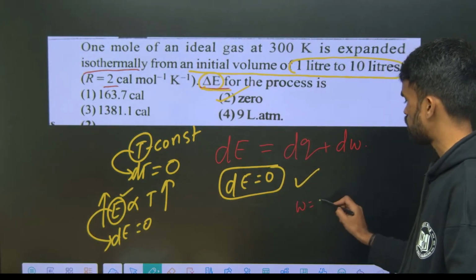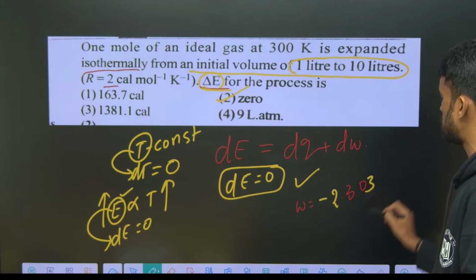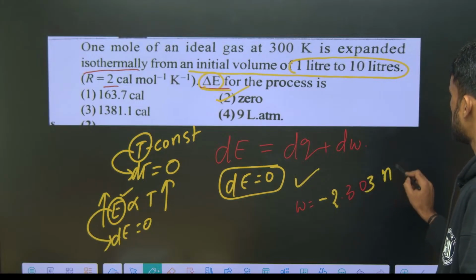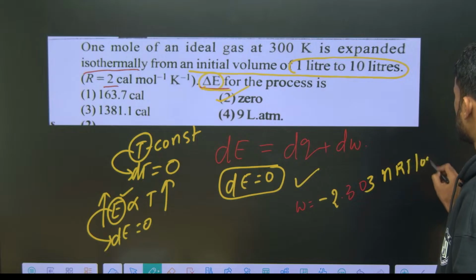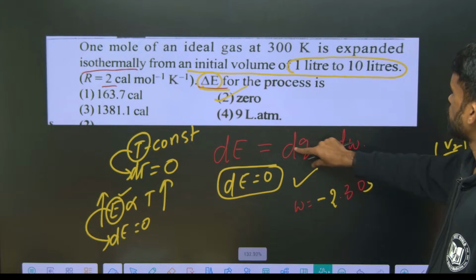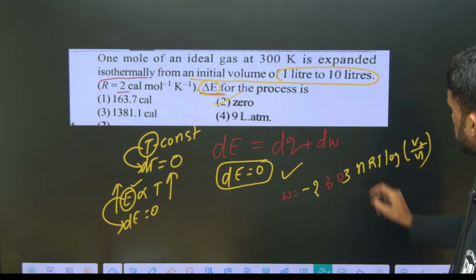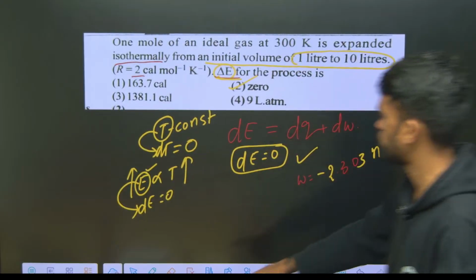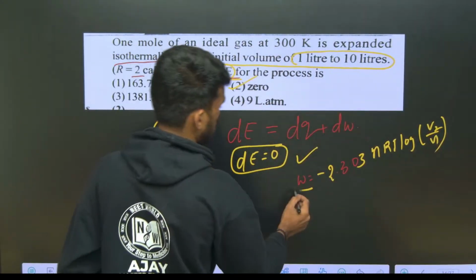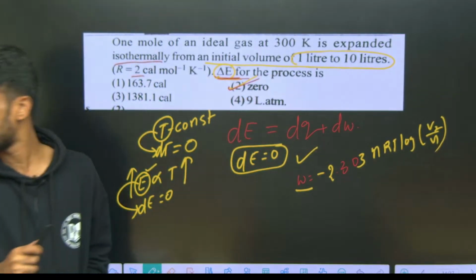Use this formula if they ask for work done: minus 2.303 nRT log V2 by V1. Because volumes are given, initial and final volume, expansion is taking place, so use this formula to get the answer for work done. Here they are asking for internal energy, so the second option will be your perfect answer.